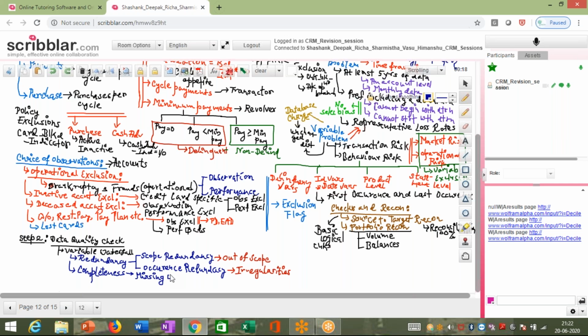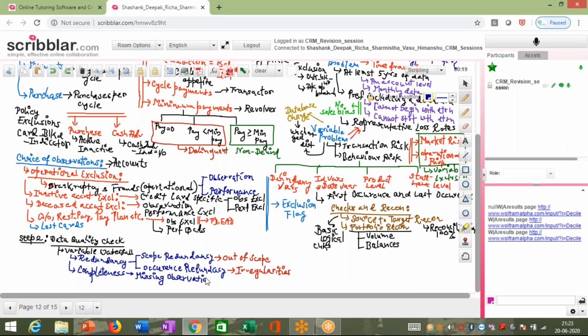Now, basically, there are two ways. One way is to treat the missing observations, and the second way is to assess the missing observations. In cases where a variable has multiple months with missing observations, those variables are dropped.